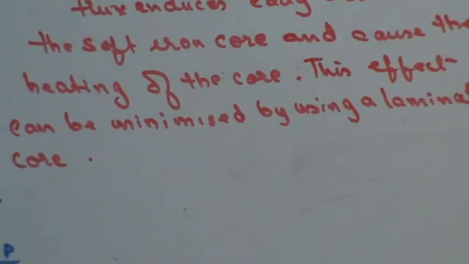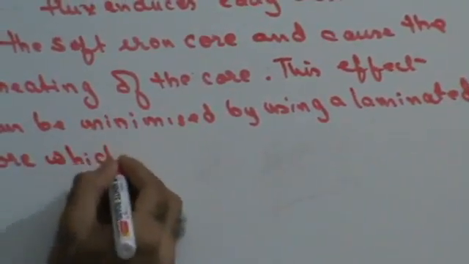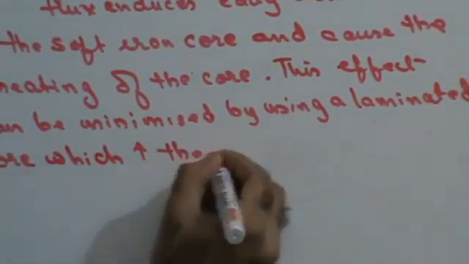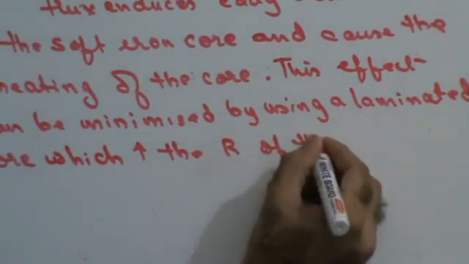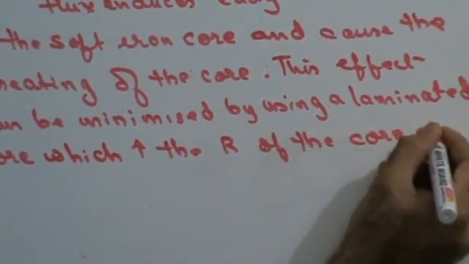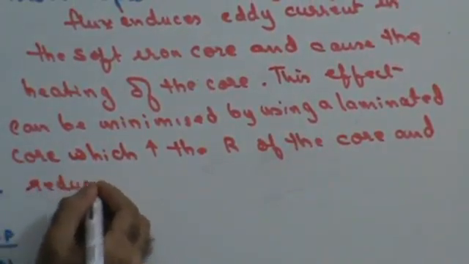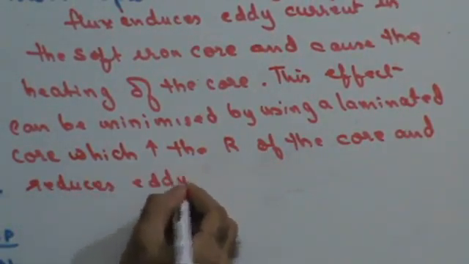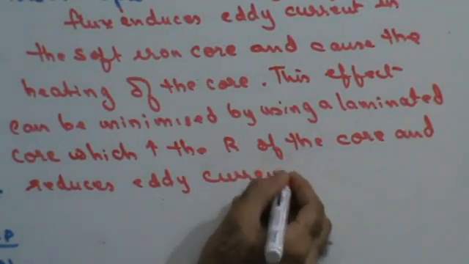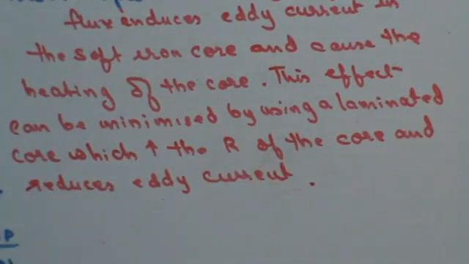This effect can be minimized by using a laminated core, which increases the resistance of the core and reduces eddy current. So these are the losses that will occur which will prevent the transformer from acting at 100% efficiency.